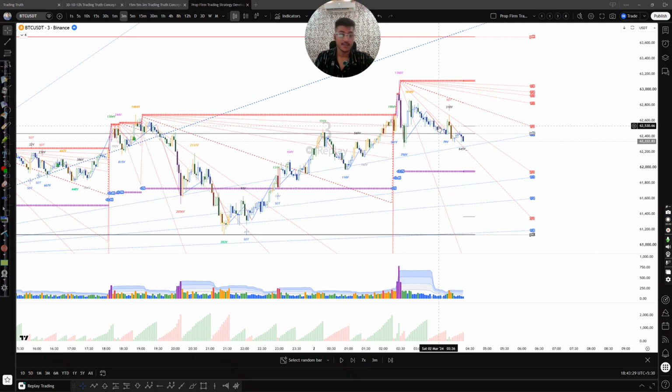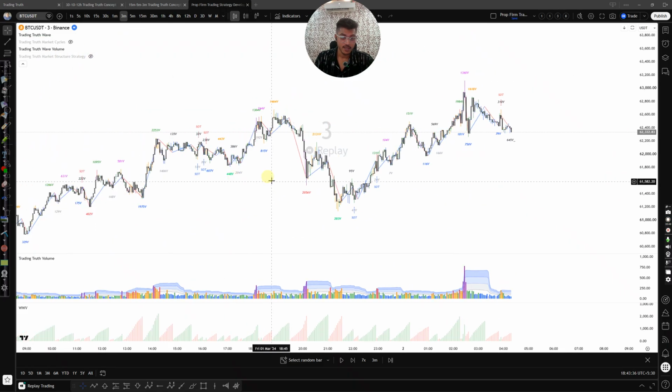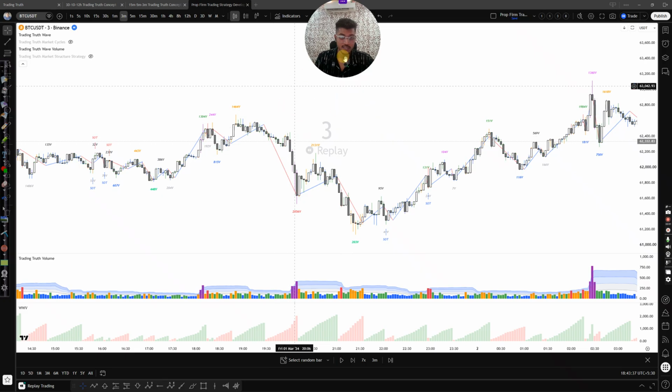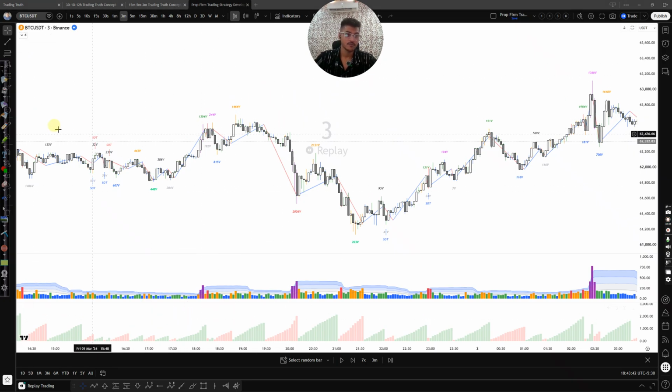That's why you're seeing something new in the chart right now, and this is this one. You see, I have actually labeled this wave volume. It's labeled over here, this one labeled over here. Down wave, up wave.